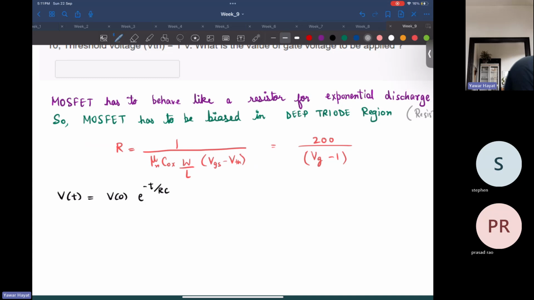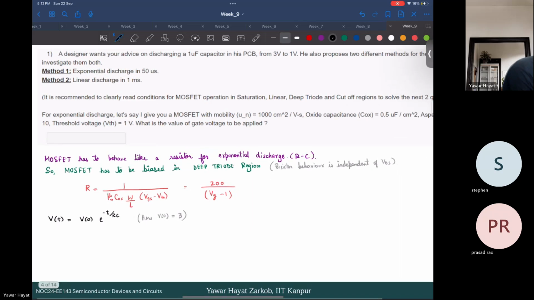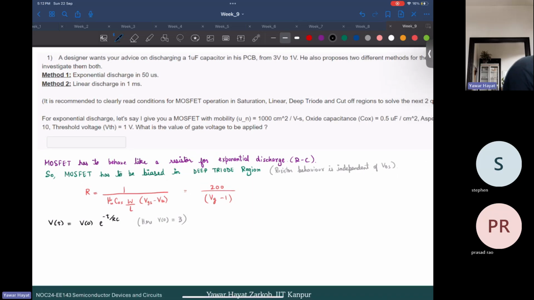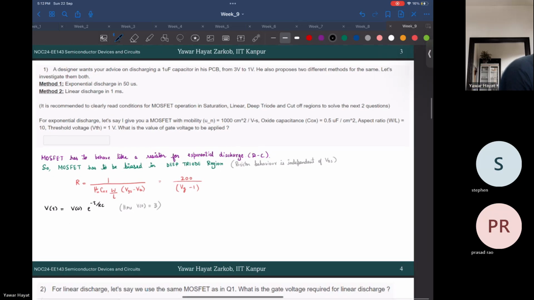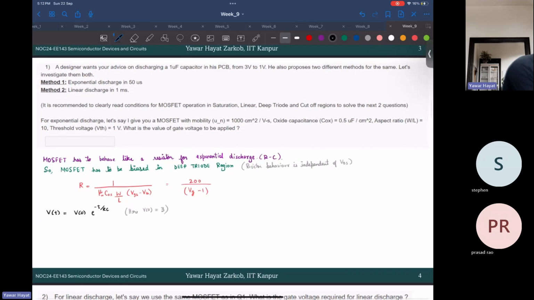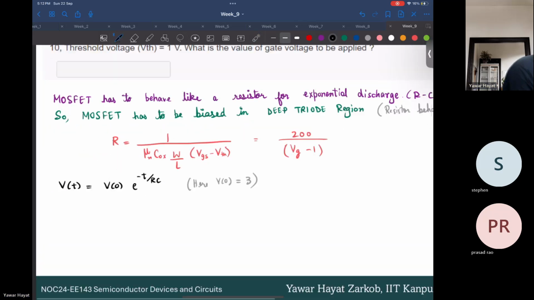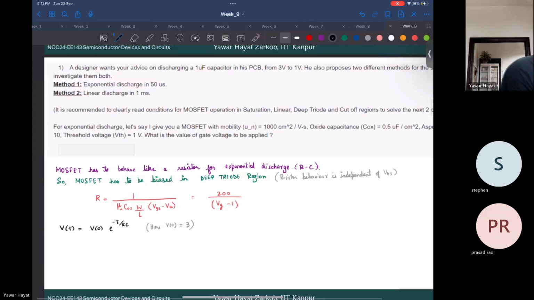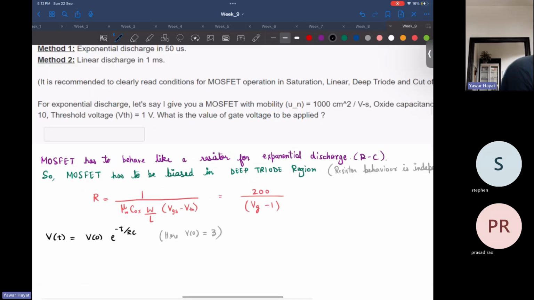And your V of 0 is 3. It's 3 volt to 1 volt, right?